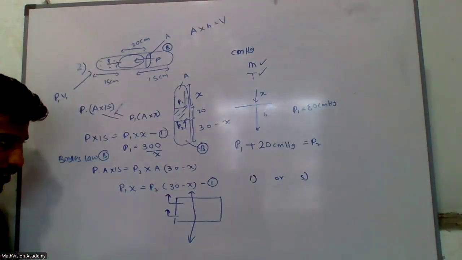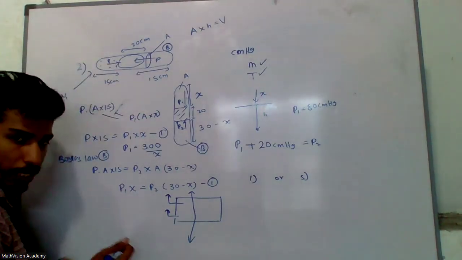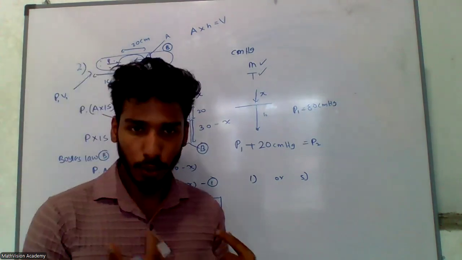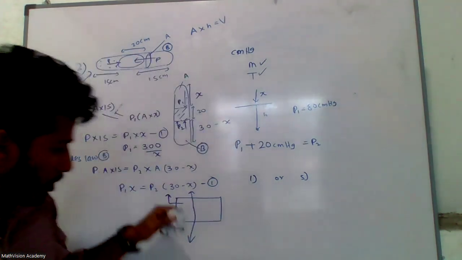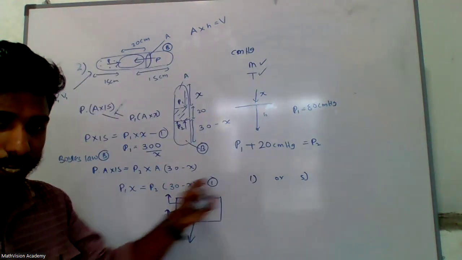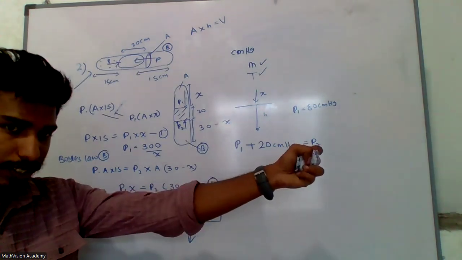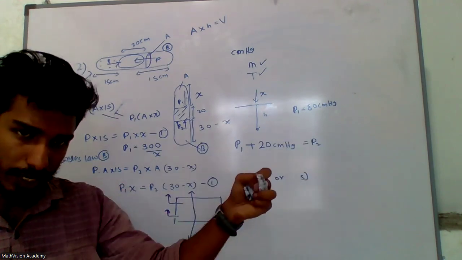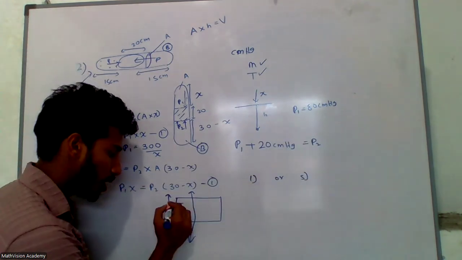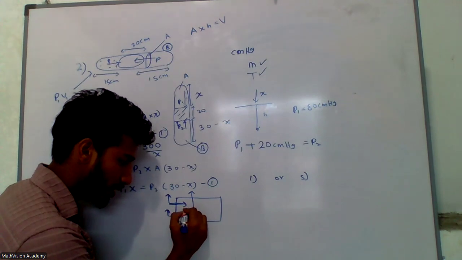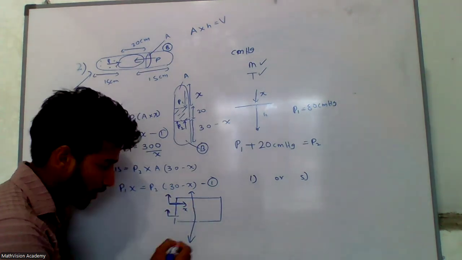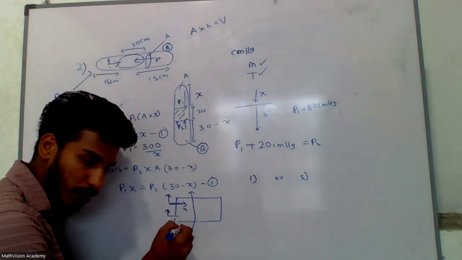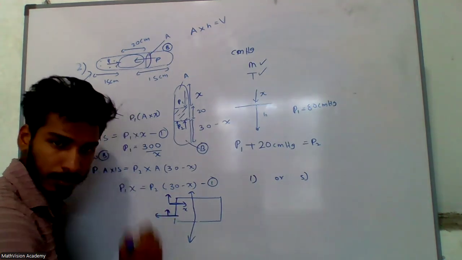Now if you observe this door, like an ordinary door at home, it doesn't move here and there. It is fixed and it is capable of rotating. It doesn't move horizontally. So there has to be a horizontal force, let's say in this direction, and this horizontal force has to be cancelled by the other hinge.